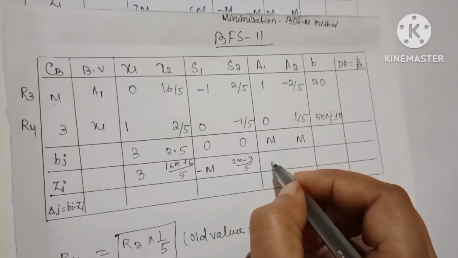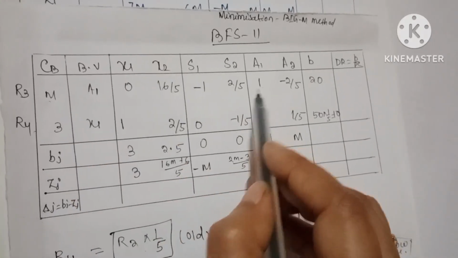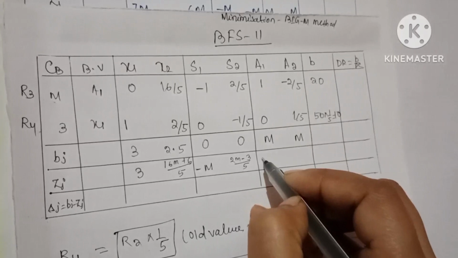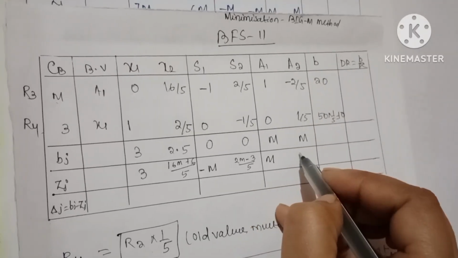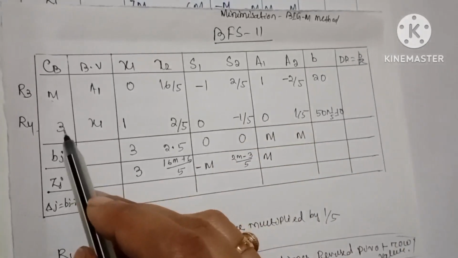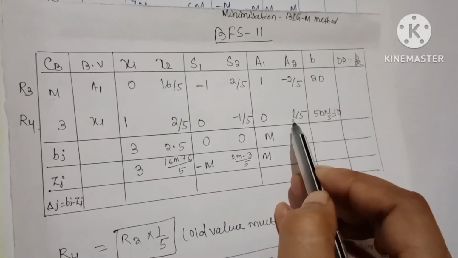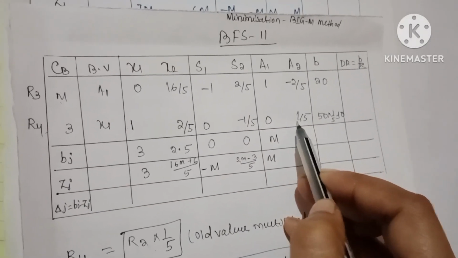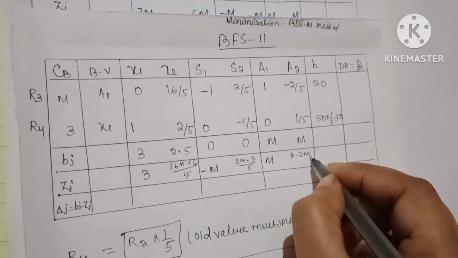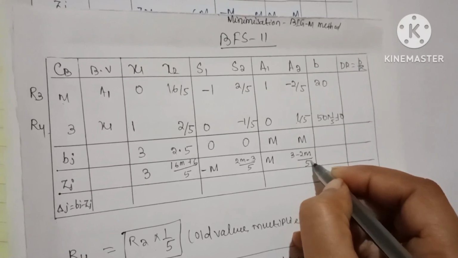And z5 equals m into 1 plus 3 into 0, this equals m. And z6 equals m into minus 2 by 5 plus 3 into 1 by 5, so this equals 3 minus 2m by 5.